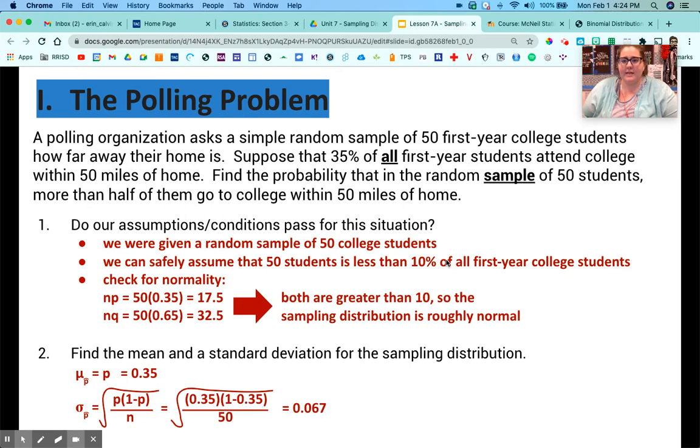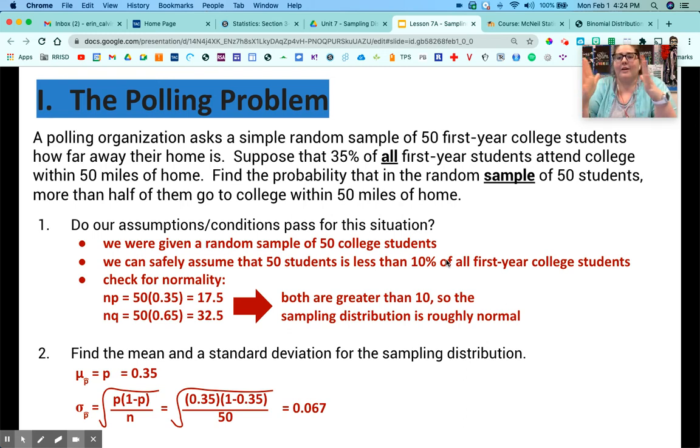Just to give you an idea of what's happening here, if I were to take repeated samples of 50 students, over and over again, a random sample of 50 students from all over the US, and for each of those samples, calculate the proportion of them that attend college close to home, and then put all of those proportions in a new distribution, make a new graph out of them, that new graph of sample proportions will have a mean at roughly 0.35.